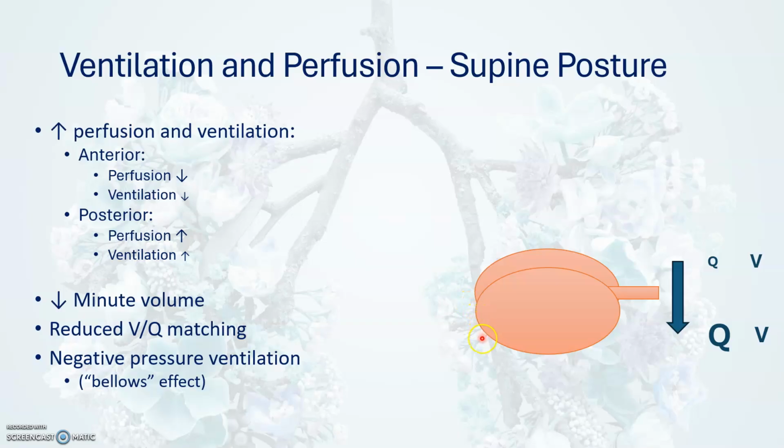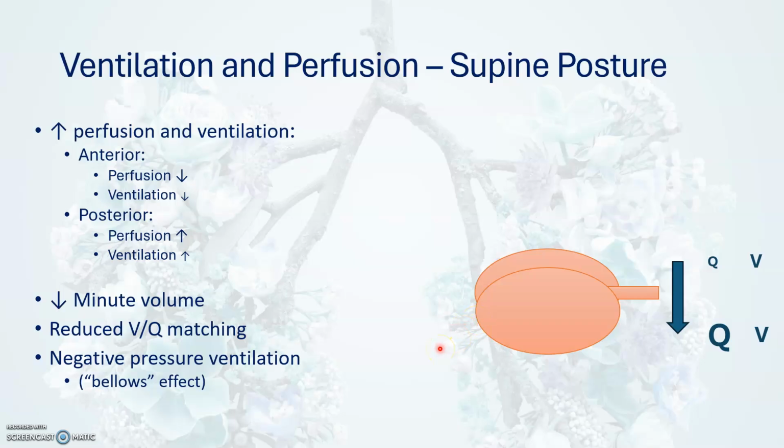And similarly, there's an increase in ventilation in the posterior part of the lung compared to the anterior part of the lung, but that is not as marked. So from the anterior to the posterior part of the lung, there isn't a lot of change in ventilation, and there's still some variation between the apex of the lung and base of the lung because of what we spoke about before.